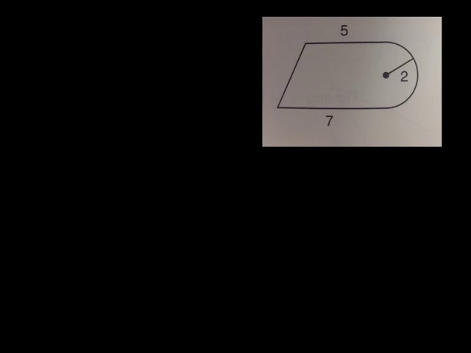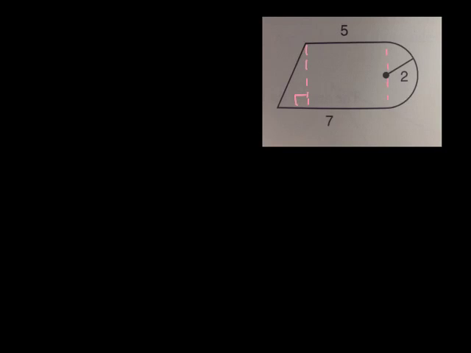So this is example 8.8. And again, we're going to have to draw some figures in here that we're familiar with. Looks like we have a triangle right there. And we have a half circle right there.